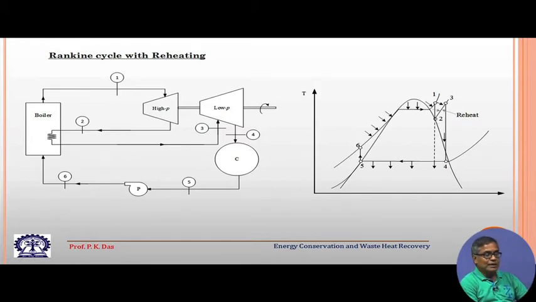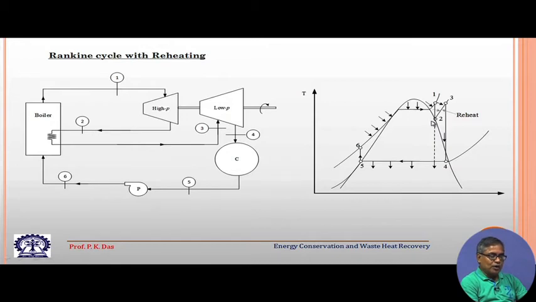If this is ideal expansion, then it will be adiabatic, reversible adiabatic or isentropic expansion. So, if it is isentropic expansion, then S1 is equal to S2, and there is another condition given in the statement of the problem: it is in the saturated vapor condition, so it will be on the saturated vapor line.